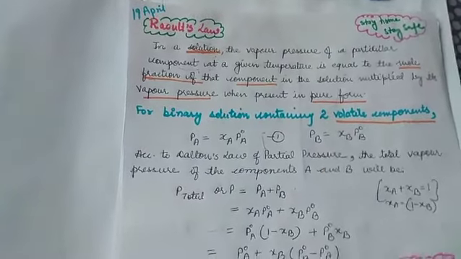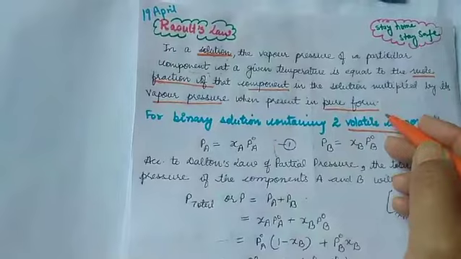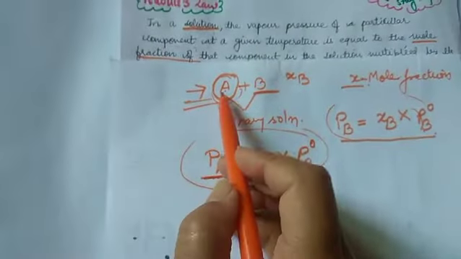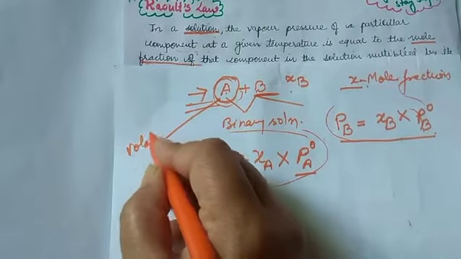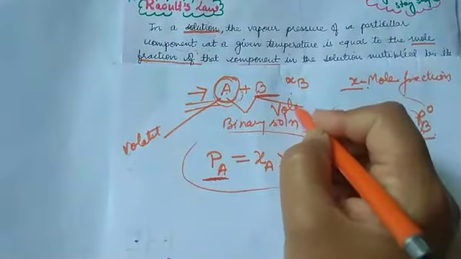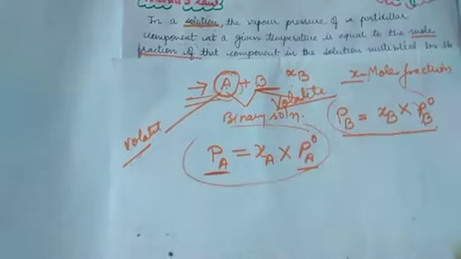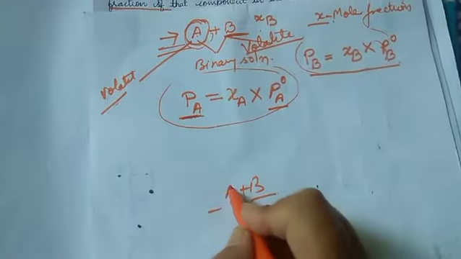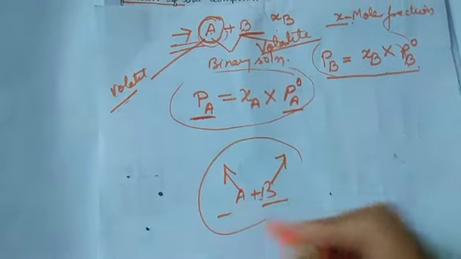Now here we are taking two volatile components, meaning those that form vapor. So when we take two components, suppose A plus B, and both components are volatile, both are forming vapors. Suppose if we heat both, then vapor of A will form, and vapor of B will also form.